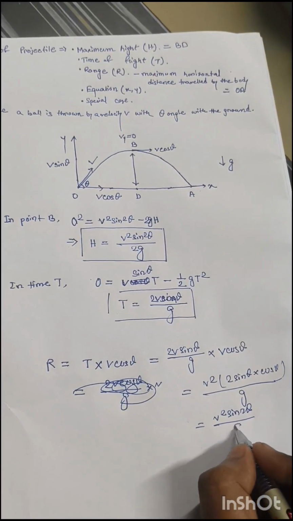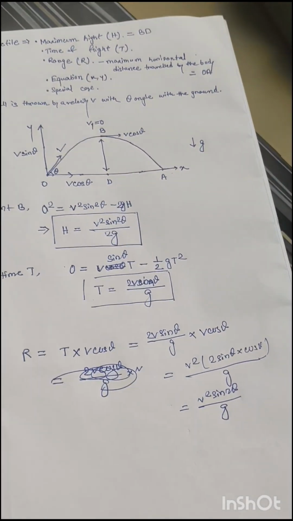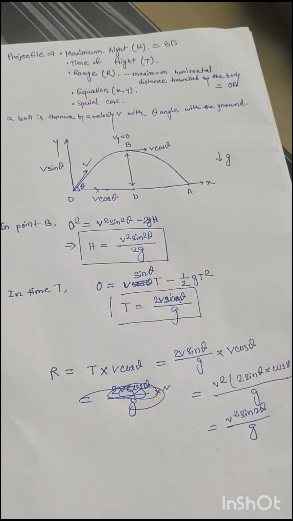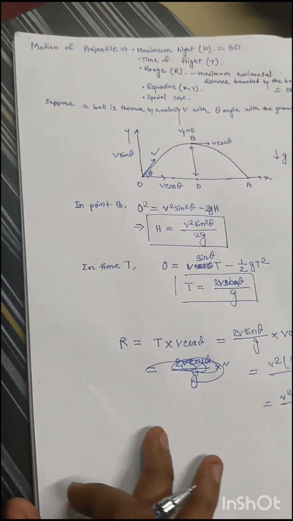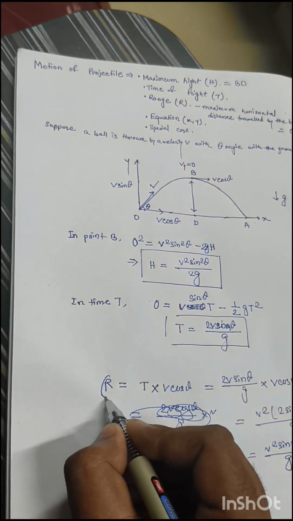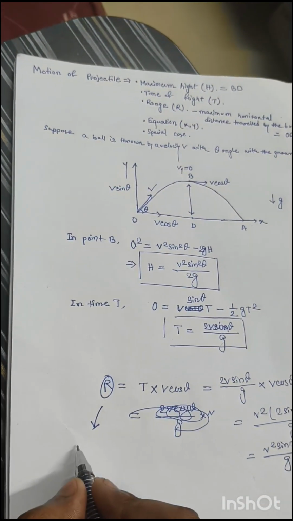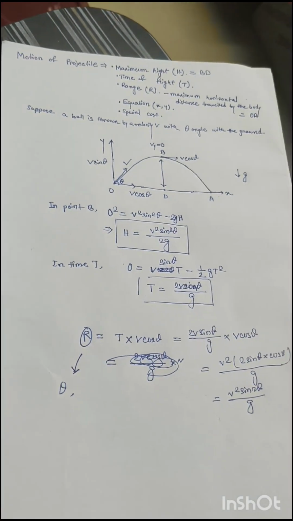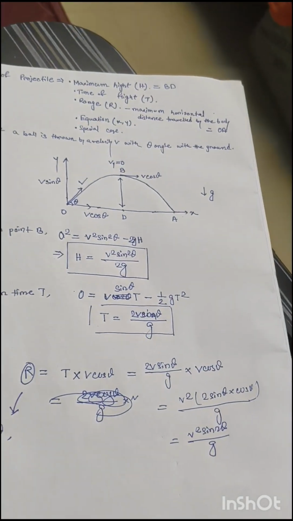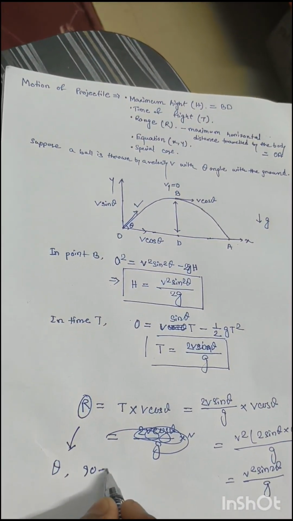We know the formula of sin 2 theta. Sin 2 theta is equal to 2 into sin theta into cos theta. So we can take the range. Here we can make a prediction. Suppose first we project the ball with an angle of theta and then project the ball with an angle of 90 minus theta.